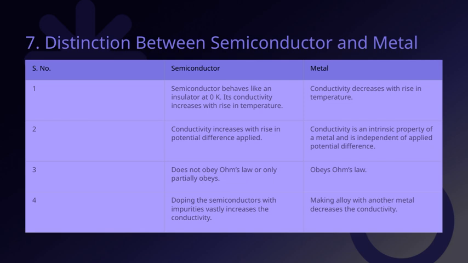This is a fundamental principle behind semiconductor devices. But in metals, if you make alloys by mixing different metals, the conductivity usually decreases because of increased scattering and imperfections. So these differences highlight how semiconductors and metals are fundamentally different in their electrical behavior, which ties back to our overall discussion of material properties and their applications in electronic devices.